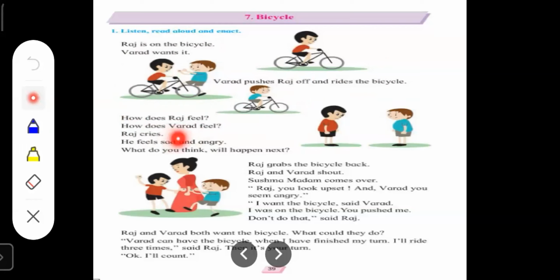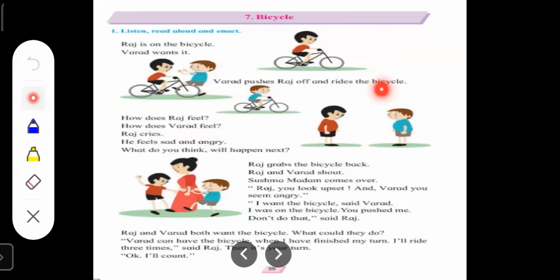What do you think will happen next? So you can see here, two friends. They are good friends, but now they are fighting for the bicycle. Why are they fighting? They want to ride the bicycle at the same time. Children, is it possible?